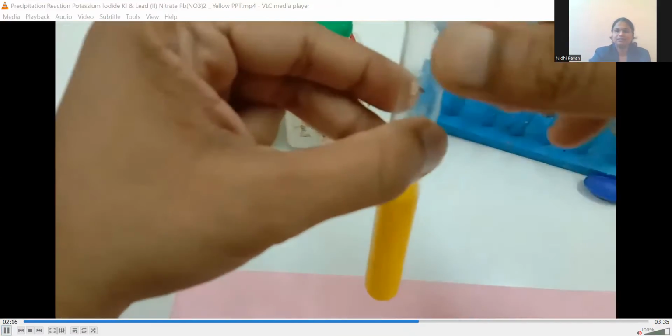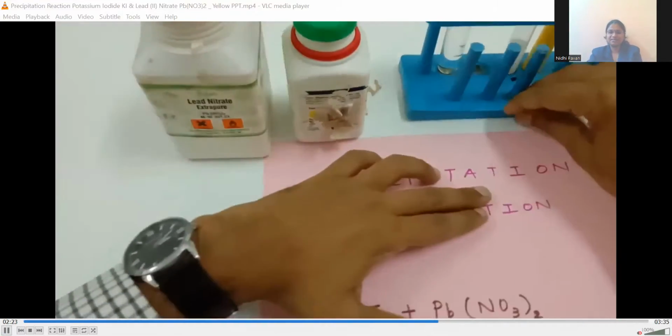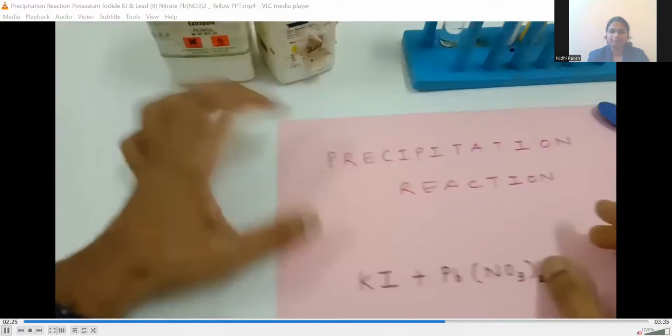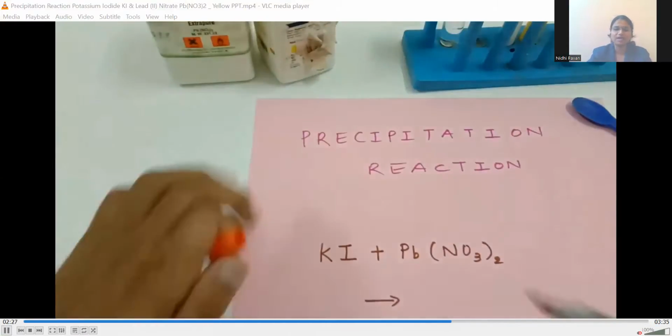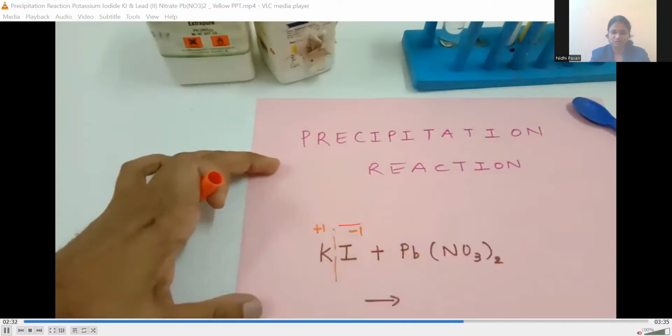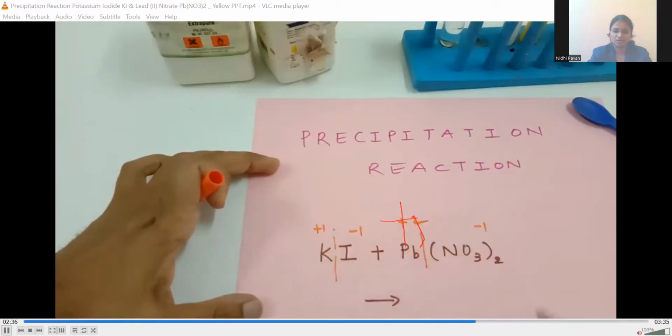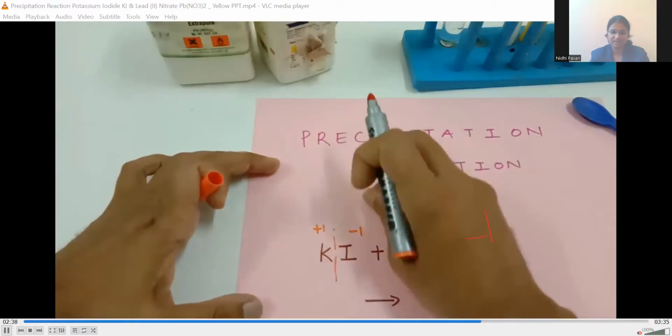See the color. So what happens here is, as you can see, the potassium iodide has K+ ions and I- ions, and lead nitrate has Pb2+ ions and NO3- ions.